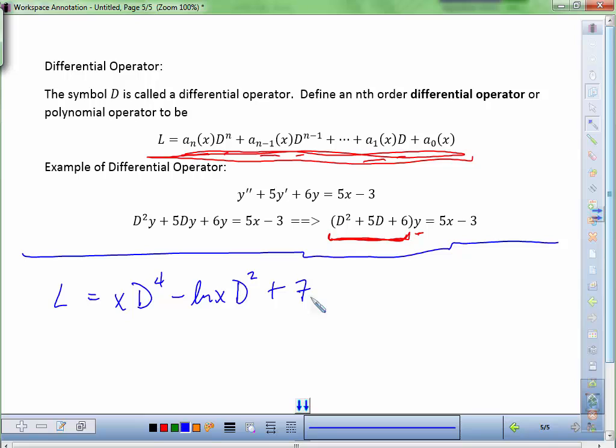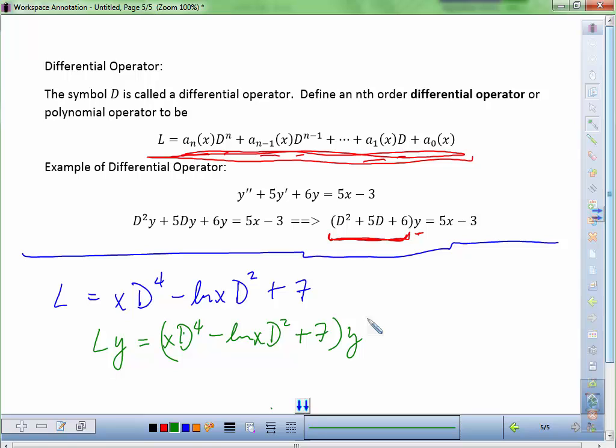So let's say this is my linear operator. So what the linear operator does is it would act on a function. It would be applied to a function. I'll just say Ly. Now initially, how that might look like is x d4 minus ln x d squared plus 7 applied to y.